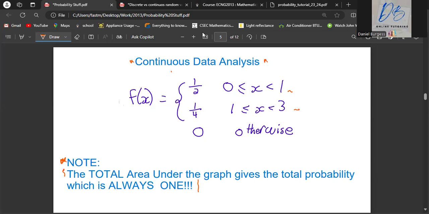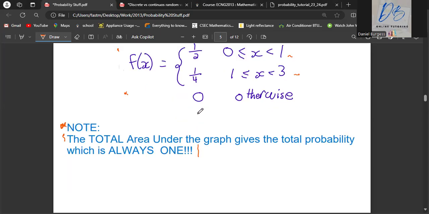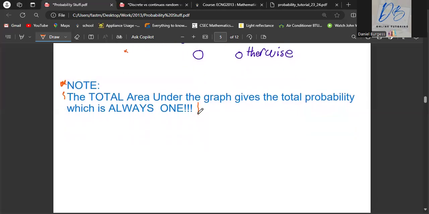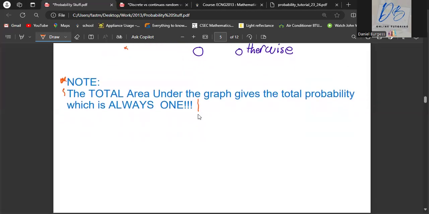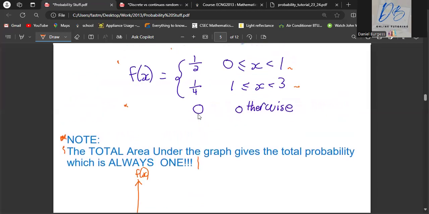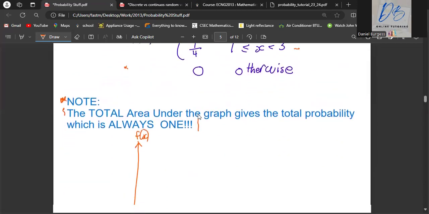Right? So let's see if we can sketch this piecewise here to obtain a PDF. Right? So x on the x-axis, and this is f of x. So between 0 and 1 is a half.